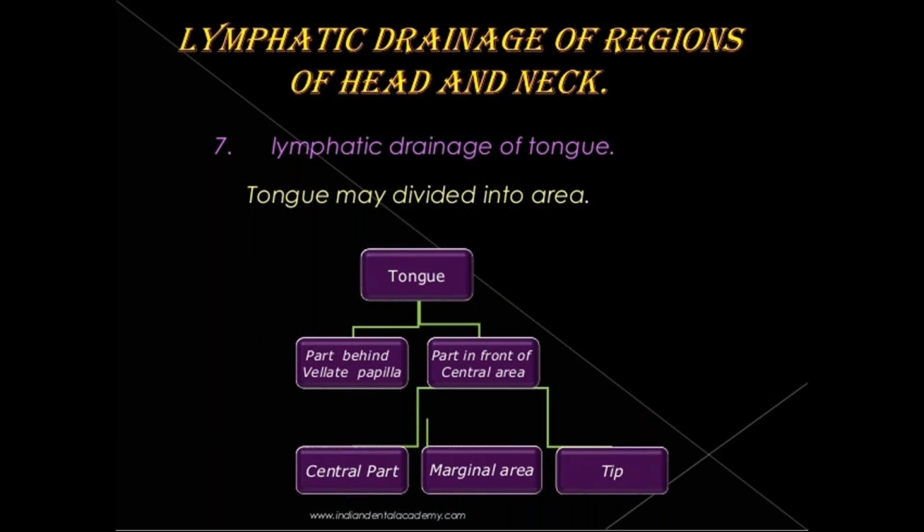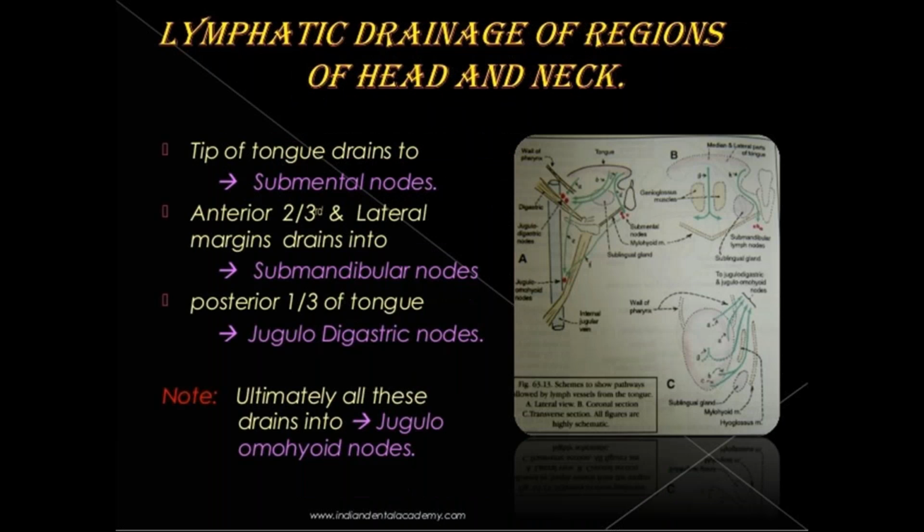So lymphatic drainage of the tongue. The tongue may be divided into the part behind the vallate papillae and the part in front of it, that is, the central part, the tip and the marginal area. The tip of the tongue drains into the submental nodes, whereas the anterior 2/3 and the lateral margins drain into the submandibular nodes, and the posterior 1/3 of the tongue drains into the jugulodigastric nodes.